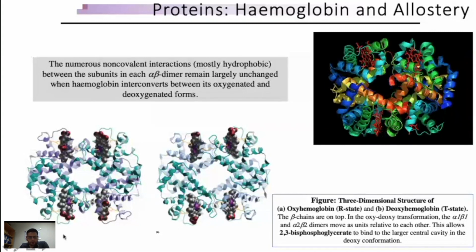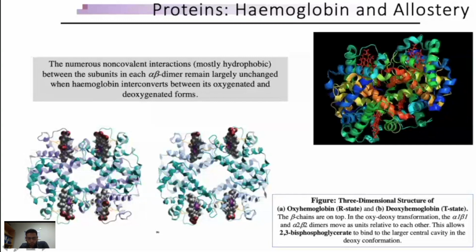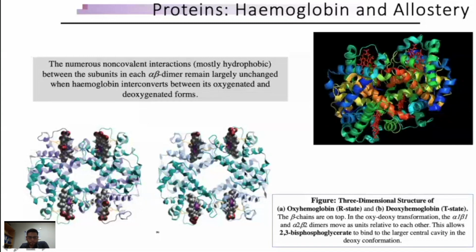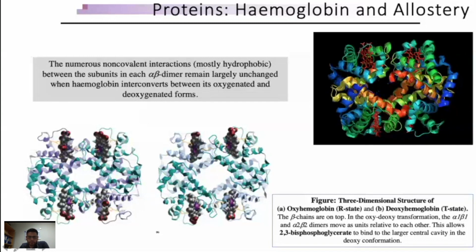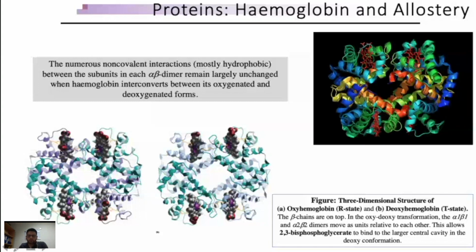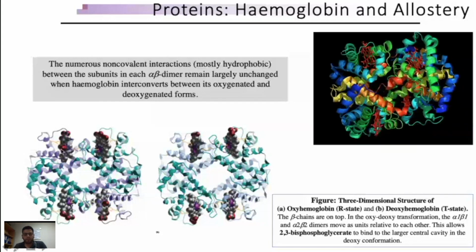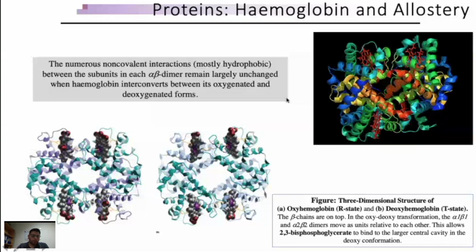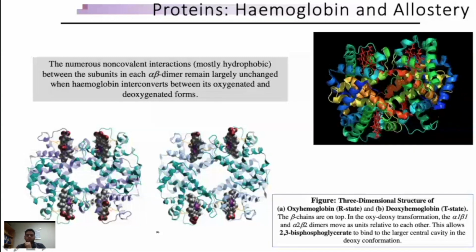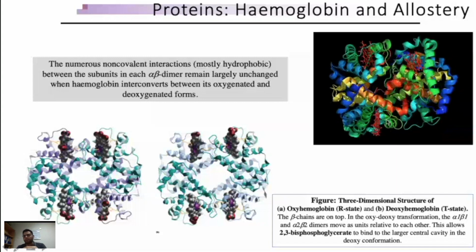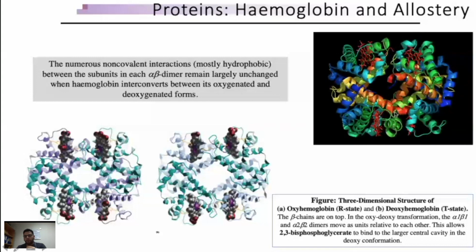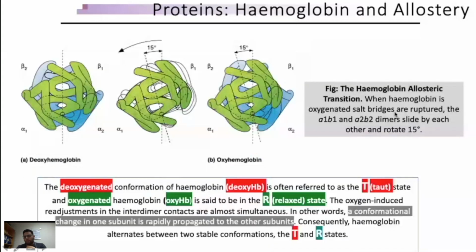You could see these two areas. They are slightly different from each other, and of course there are other changes, so that means there are slight interaction changes. As soon as a ligand binds to the protein, there are allosteric changes. That means this protein is getting changed, and as is obvious from this animated structure, once the oxygen is bound, it changes its shape. This is called an allosteric structure.